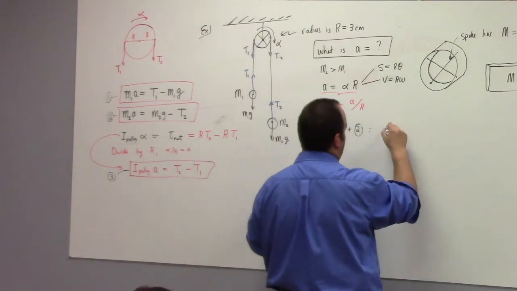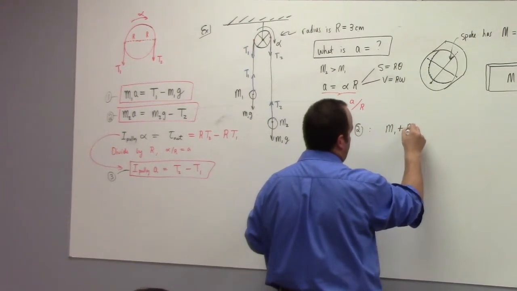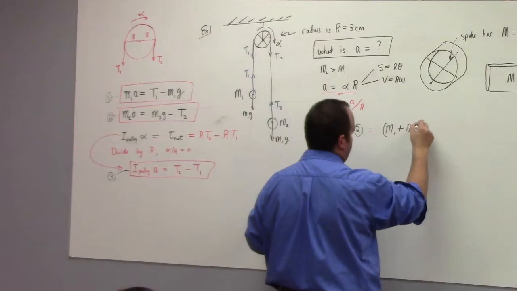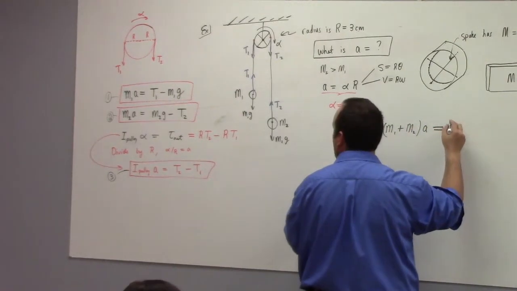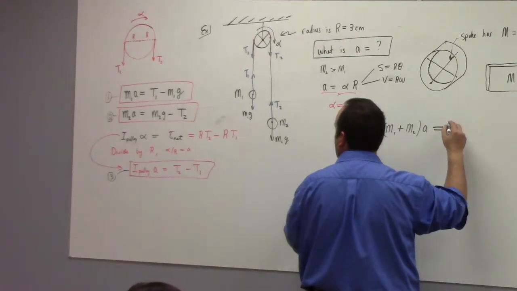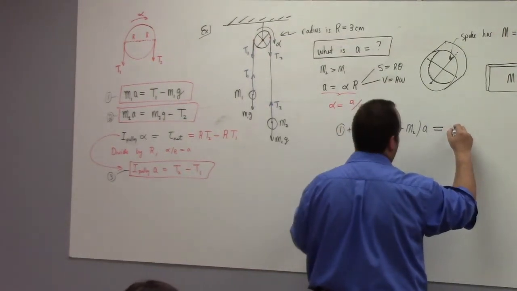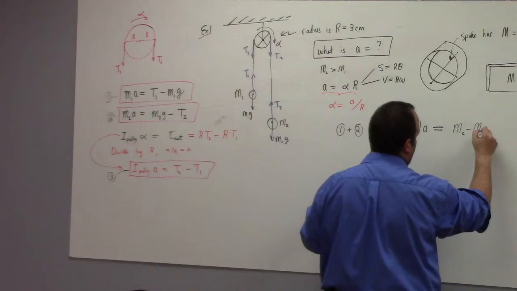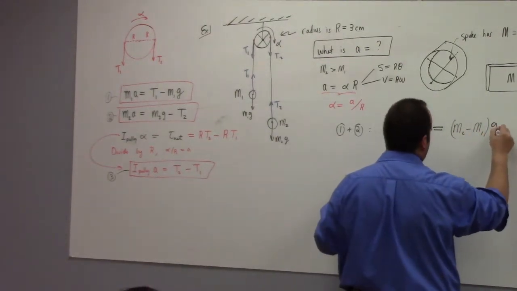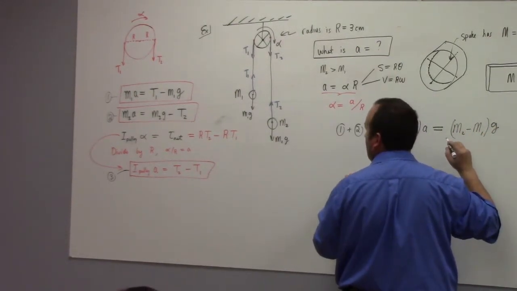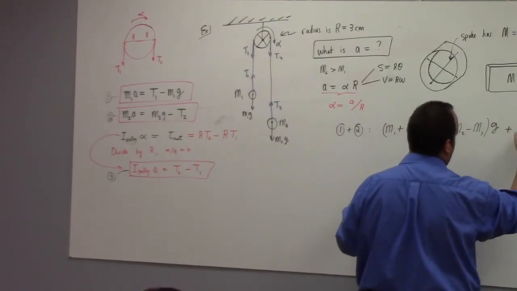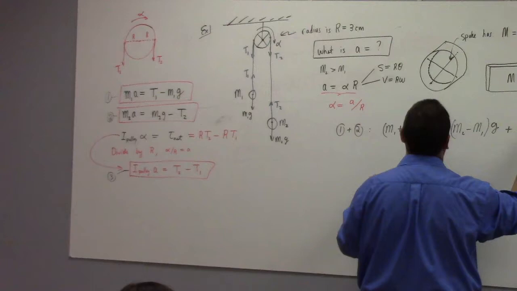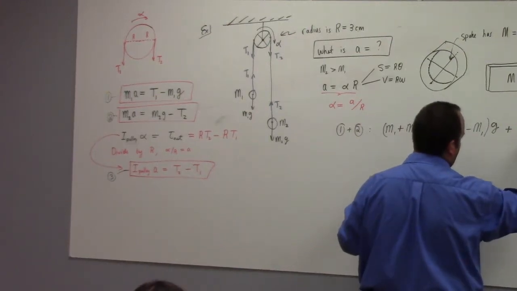We've got M1 plus M2, I'll factor out the A from the left-hand side. And on the right-hand side, I've got M2 minus M1 times G plus T2 minus T1. Oh, T1 minus T2. I can't read.